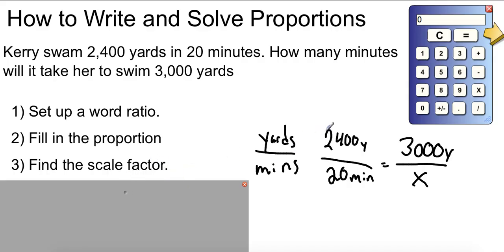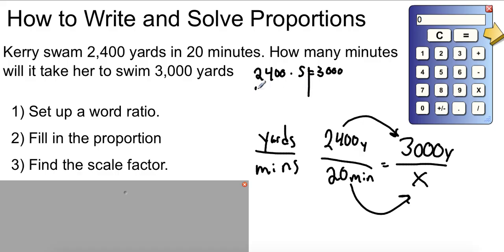Now that I have my proportions filled out, I need to find the scale factor between my known values. Now I can see that 2,400 corresponds with 3,000. I will know that 20 minutes corresponds with my missing value, but I don't know the scale factor yet, so I'm going to have to find that. So I can use an equation that's very familiar to you guys. I can say that 2,400 times my scale factor equals 3,000.